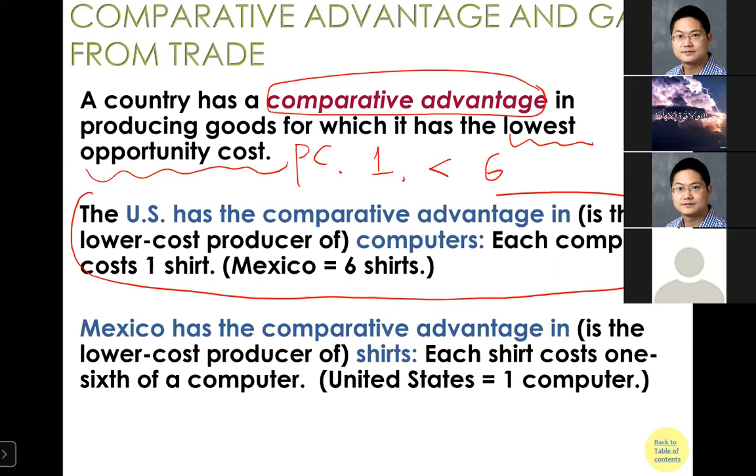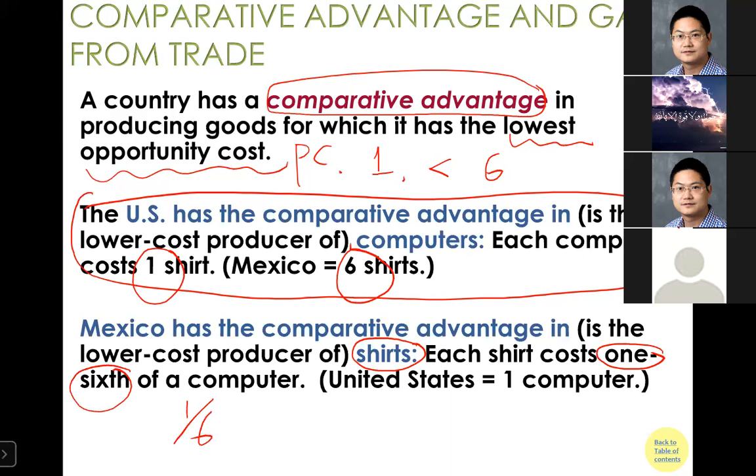The US has comparative advantage in computers because each computer costs 1 shirt, but in Mexico it costs 6 shirts. 1 is less than 6. But the other side of the same coin says Mexico has comparative advantage in producing shirts. Why? Because it only costs 1/6 of a computer, but in the United States it costs 1 computer. So 1/6 is less than 1.